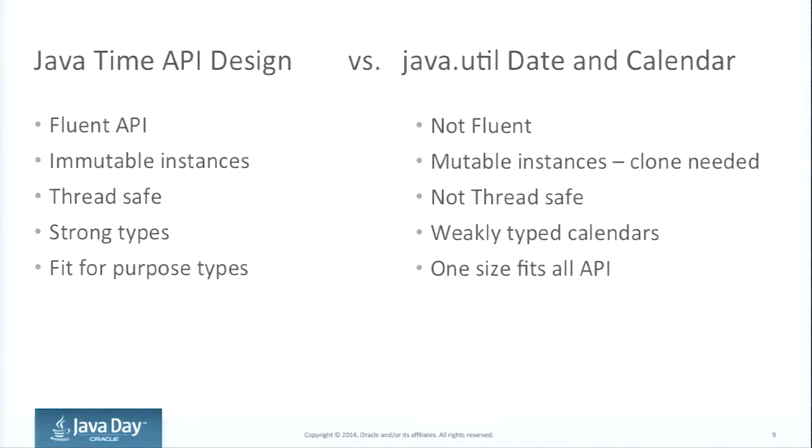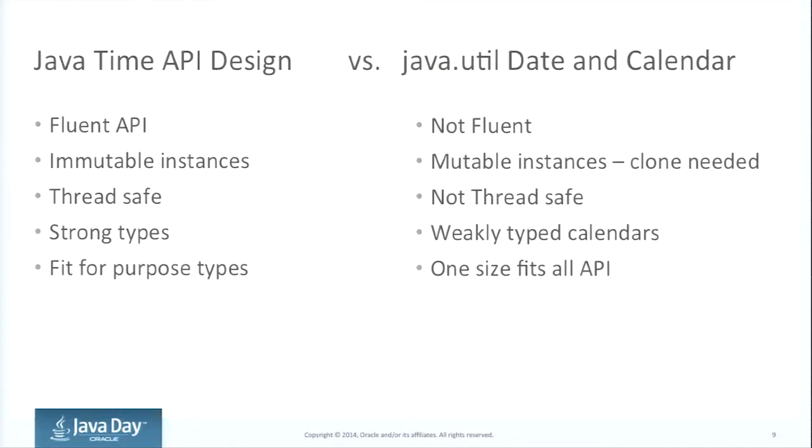Issues that we have: before, we had date and calendar, which were part of the util package. The issue with those is that the objects were mutable. Once you create a date, you can change it, and they were not thread safe, so that's a big issue. What we try to do in this API, and we're going to see it over and over again, is that the objects are immutable. Once you create an object, you cannot change it. So we're going to see that creating a date or a time is not based on a constructor.